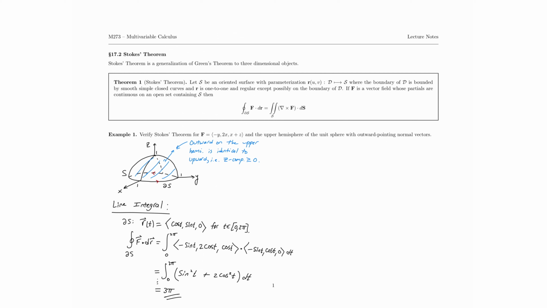line integral version. Now for Stokes' theorem, we're going to check the surface integral approach. So for the surface integral approach, we have to parameterize the actual surface S itself, which is the upper hemisphere. So we can do this by using spherical coordinates.